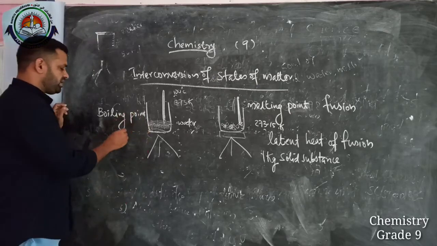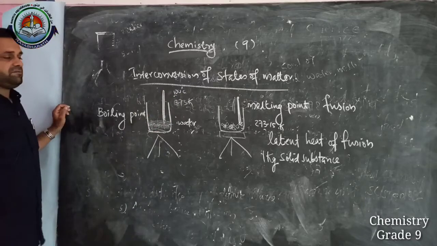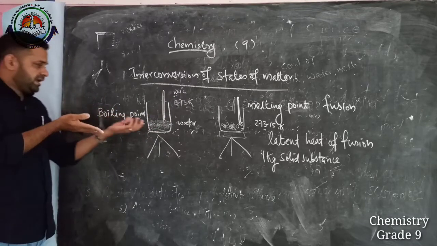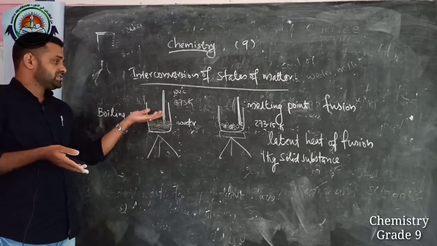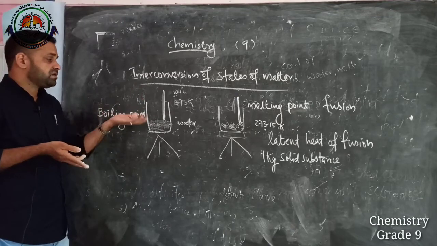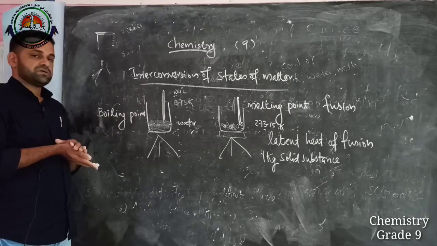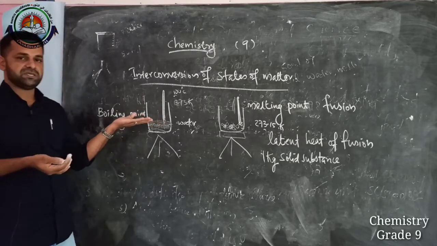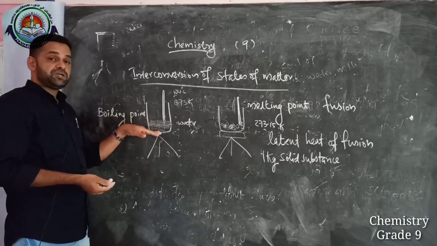So the boiling point of water is what? 100 degrees Celsius or 373 Kelvin. When that stage is reached, if we continue heating there is no rise in temperature. So where did this extra heat energy go? It is utilized for changing the state from liquid to gas.